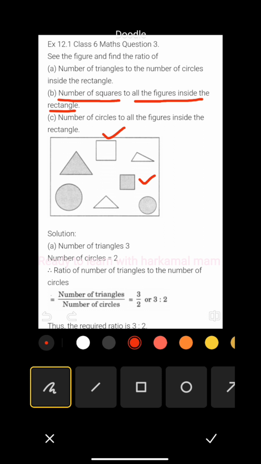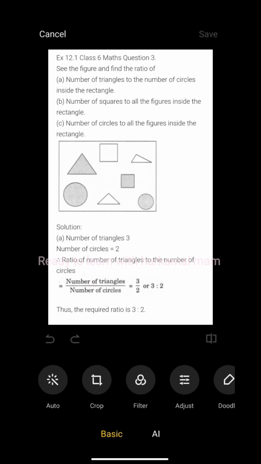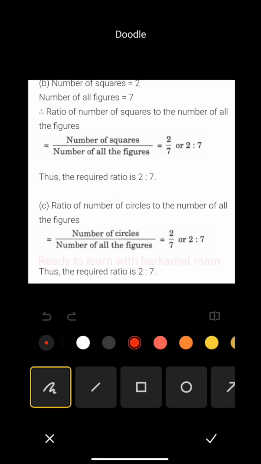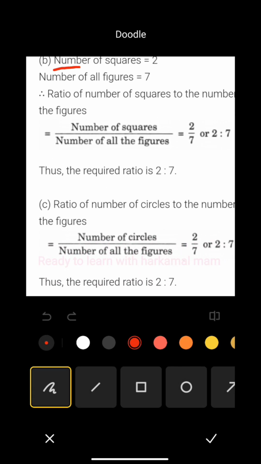Okay, how many figures are there in the rectangle? They are asking for all figures. Here it is 1, 2, 3, 4, 5, 6 and 7. So there are 7 figures in the rectangle, right? So what do we write? Write down the number of squares is equal to 2, the number of all figures is 7, so we can find the ratio.